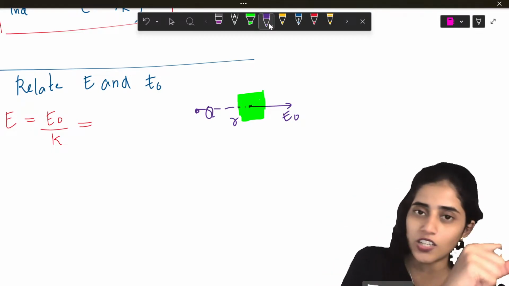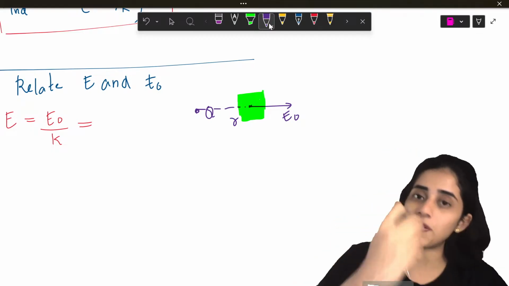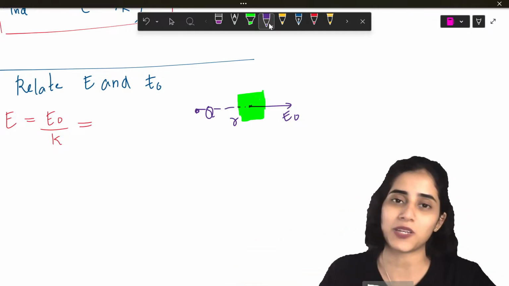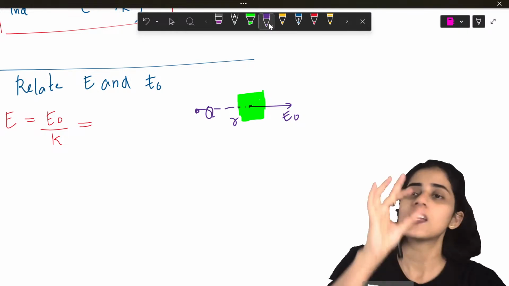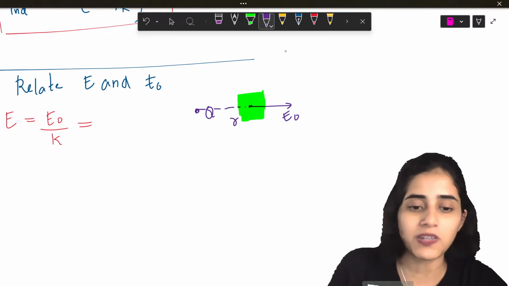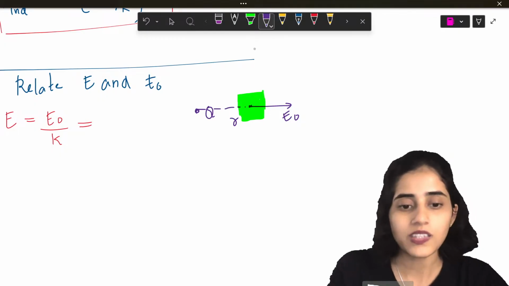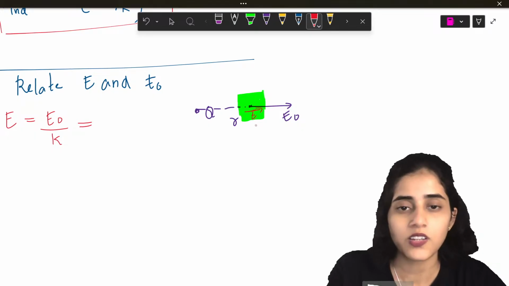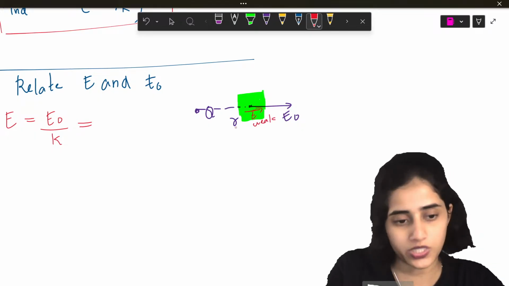I keep the charge and look at the electric field after the dielectric medium. The dielectric medium will also produce an electric field, a weak electric field.